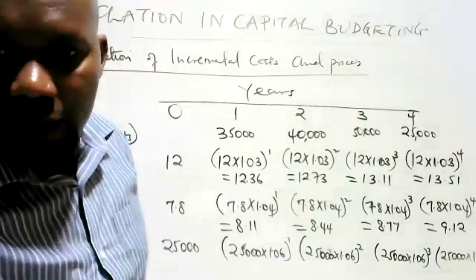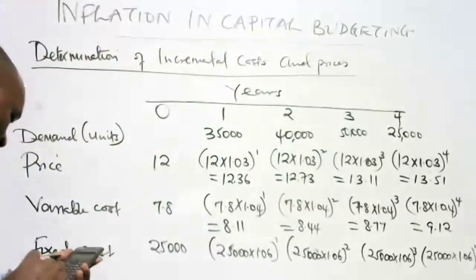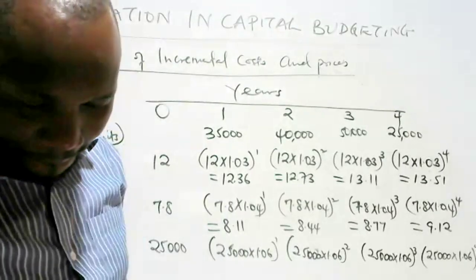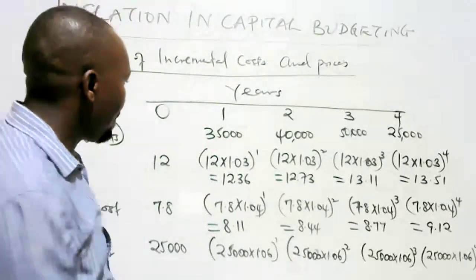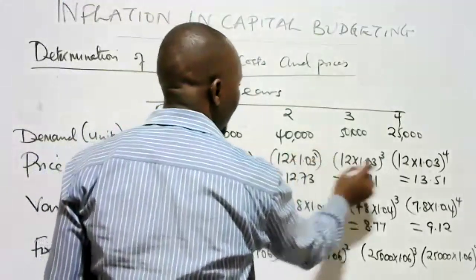So you can also calculate that. Mwalimu, I have a question. Yes. The power raised to power 1, power 2, are we supposed to raise 1.06 alone or the whole thing?